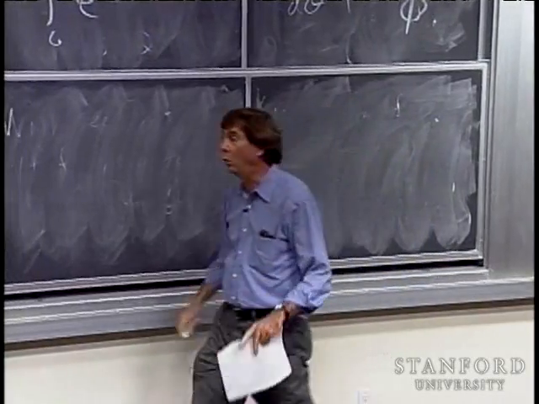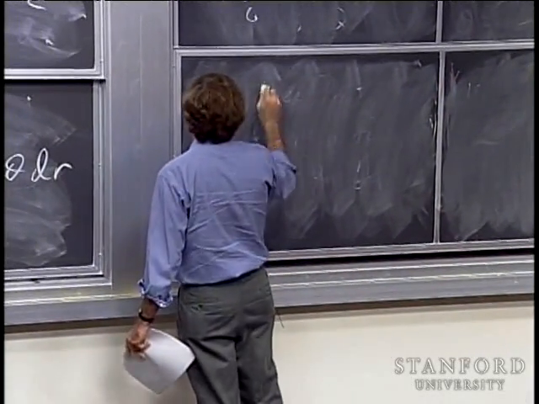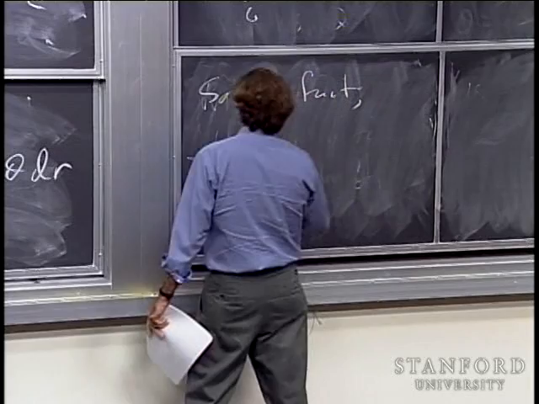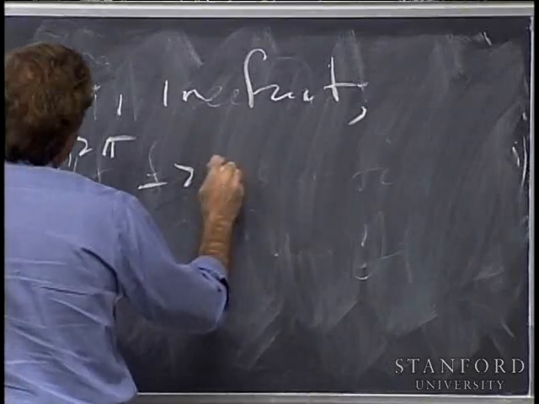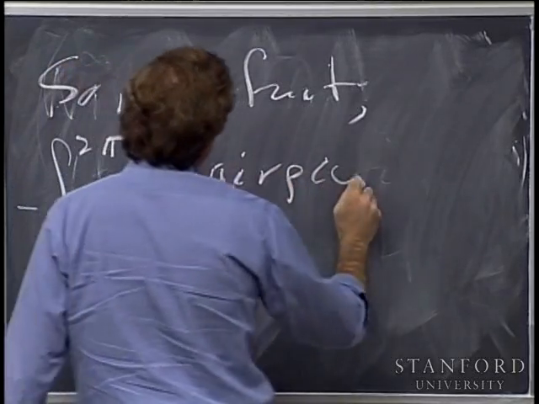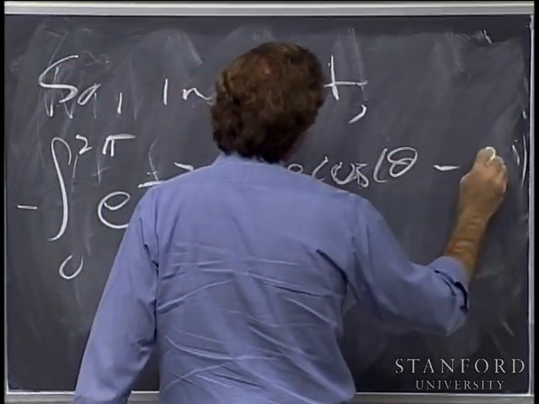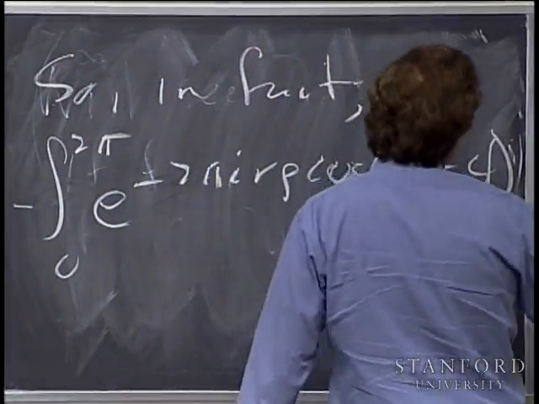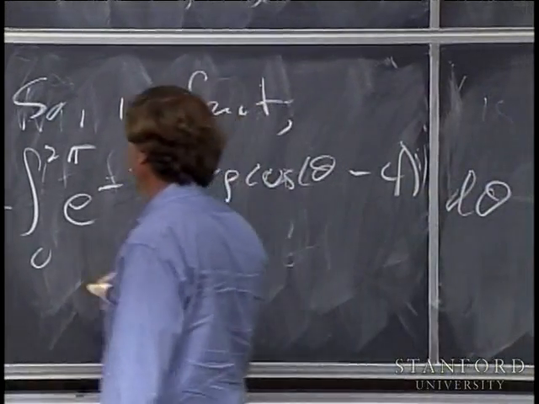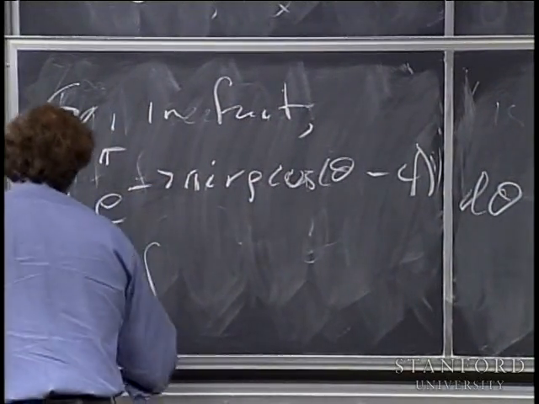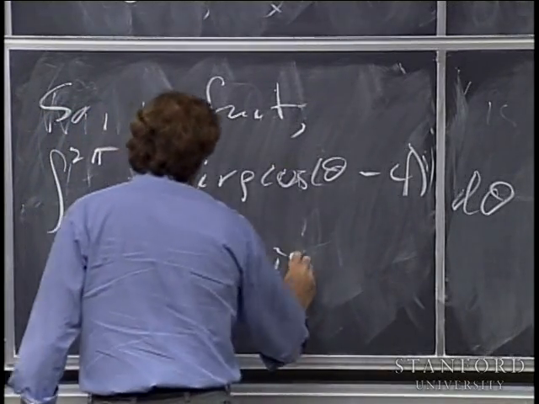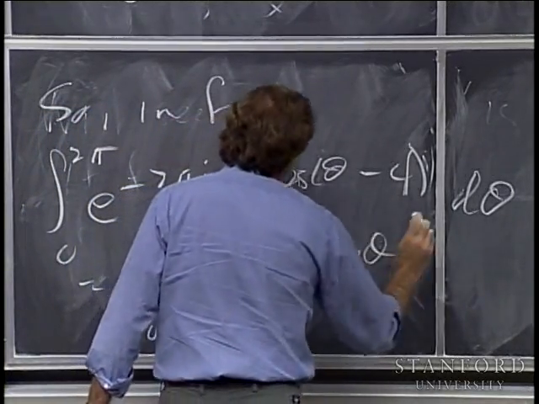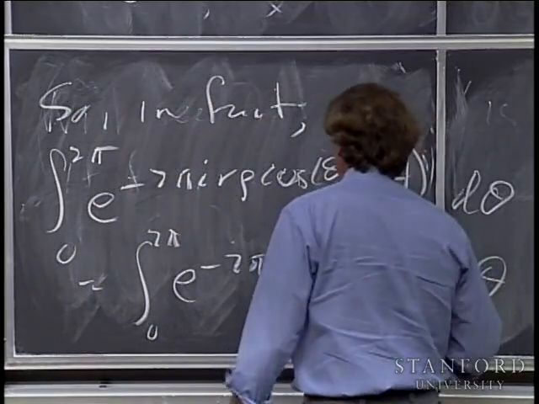In fact, the integral from 0 to 2 pi of e to the minus 2 pi i r rho cosine of theta minus phi d theta is equal to the integral from 0 to 2 pi of e to the minus 2 pi i r rho cosine of theta d theta, if I just leave the phi out.